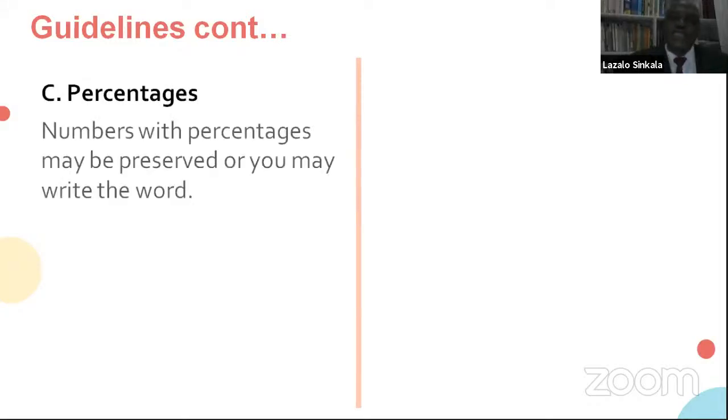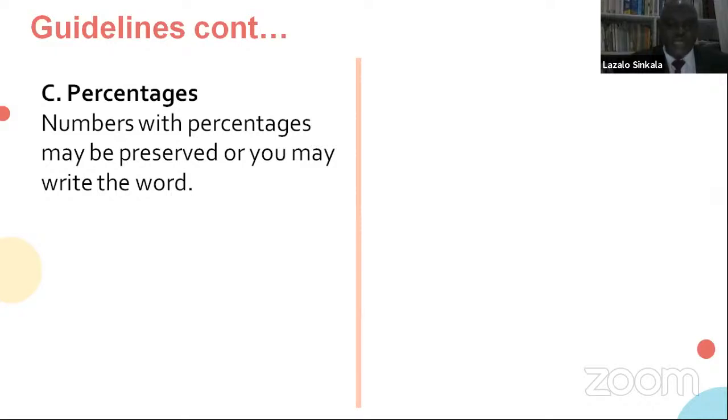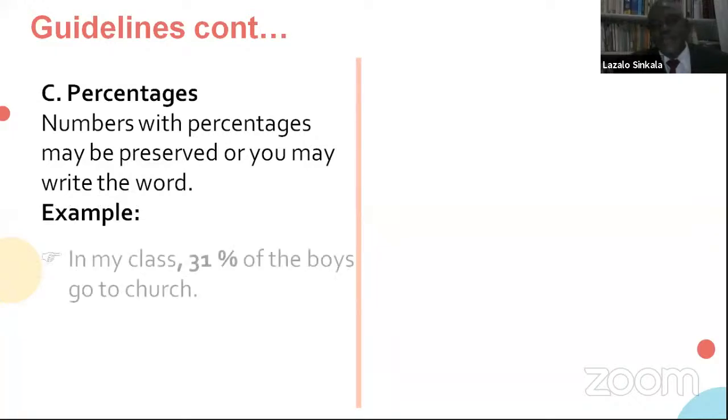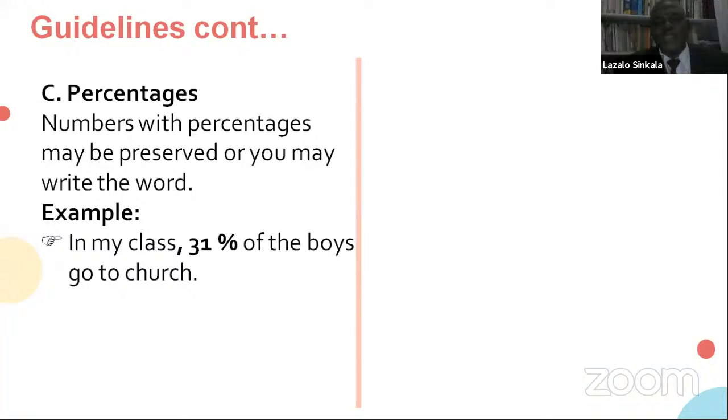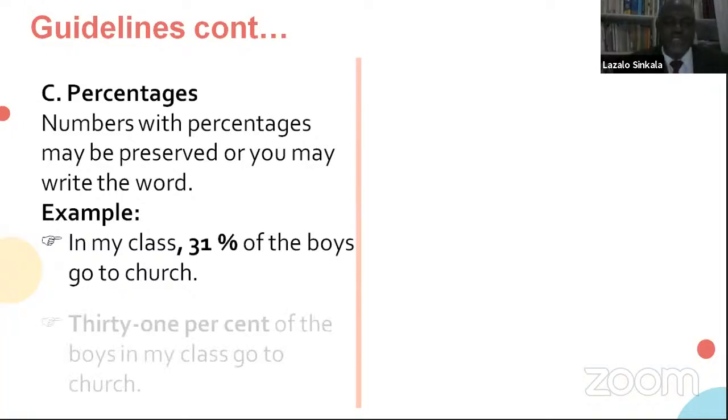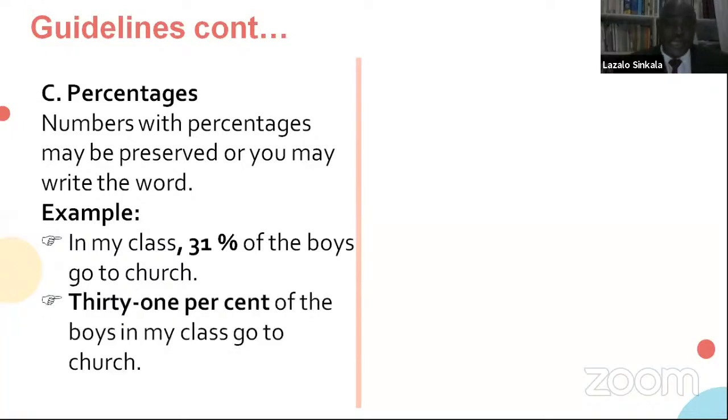Let's look at percentages. How are percentages written? Numbers with percentages may be preserved, or you may write the word. For example, in my class, 31% of the boys go to church, or 31 percent of the boys in my class go to church.